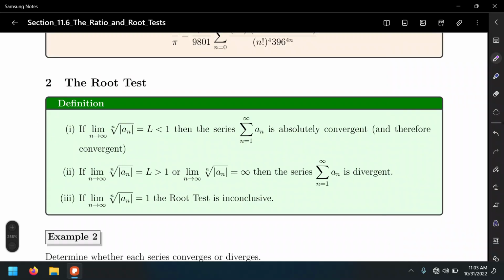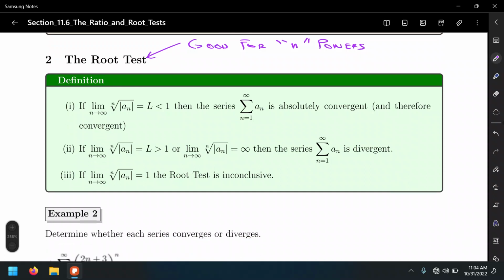It's important to know that this is a good alternative for series that contain n powers. This is also an alternative to the alternating series test, as we are going to see. That's why we're taking the absolute value of the general term, because that most likely will involve some alternating series.